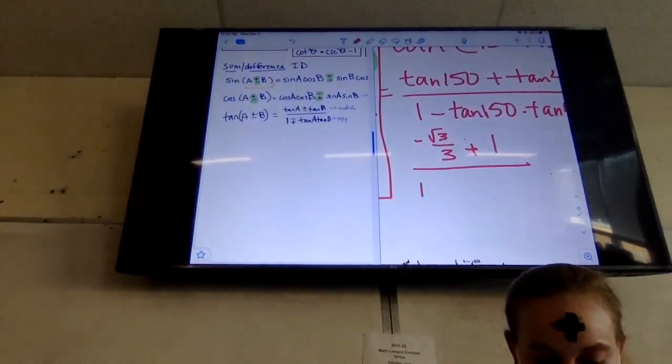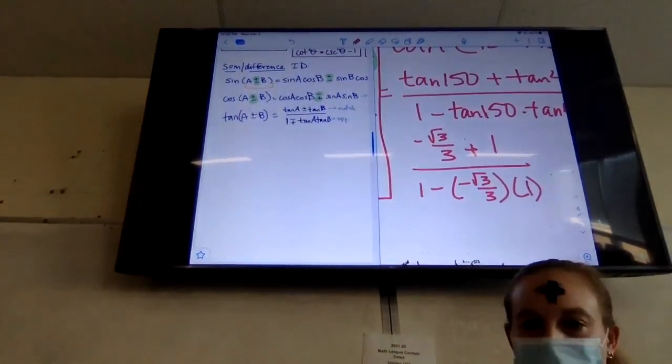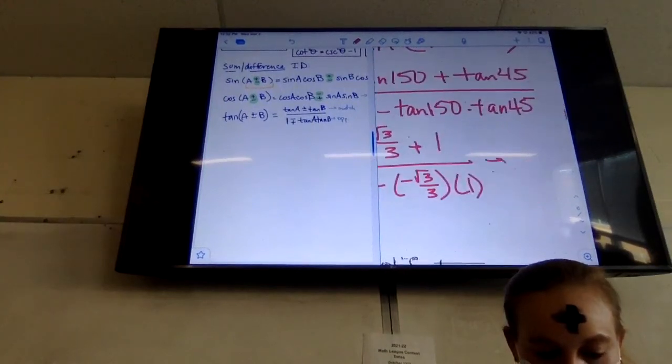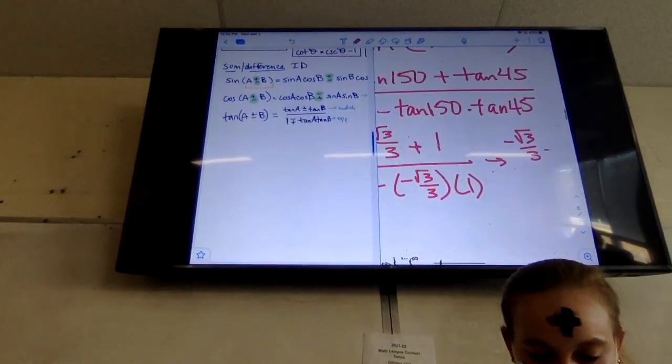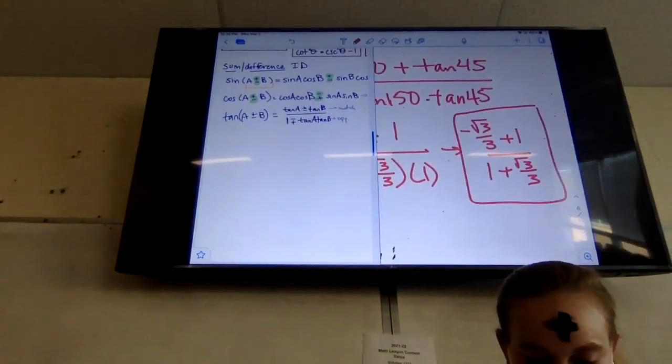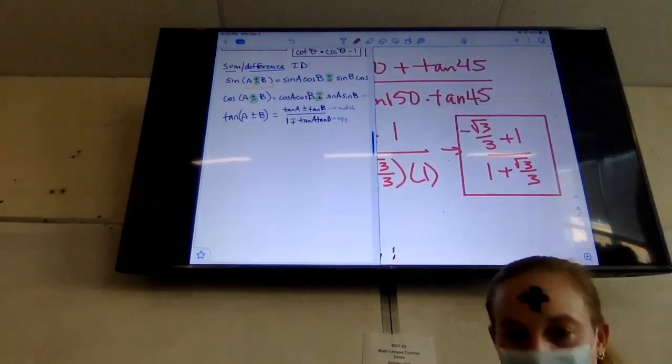On the bottom, I get 1 minus negative root 3 over 3 times 1. And I just want you to clean that up a little bit by multiplying that denominator. I can make that negative root 3 over 3 plus 1 all over 1 plus root 3 over 3. You can simplify that further, but I'm not going to ask you to do that as of right now.